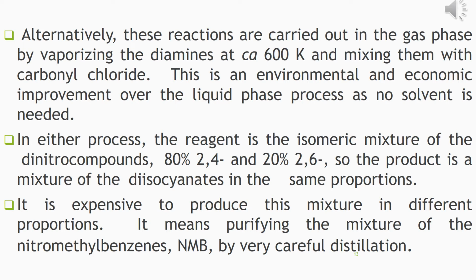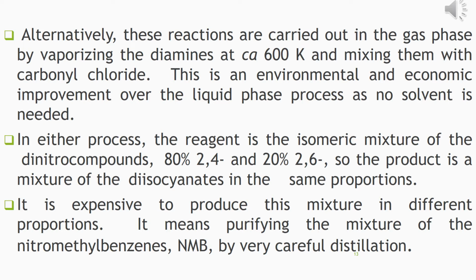So in either process, the reagent is the isomeric mixture of dinitro compounds: 80% 2,4 and 20% 2,6. The product will be a mixture of diisocyanates in the same proportions.